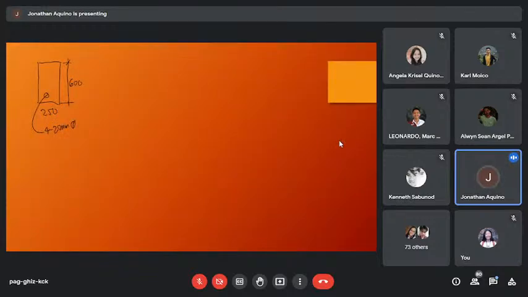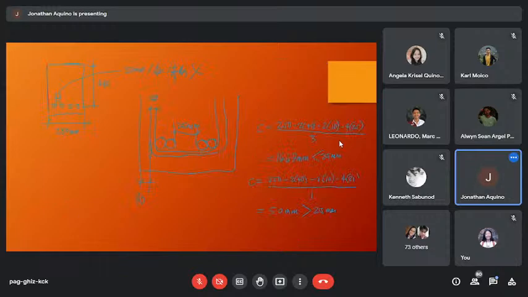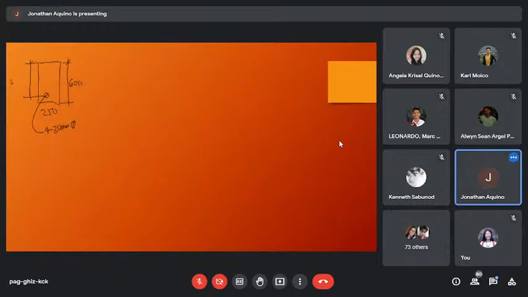So the effective depth, from the previous example, is 552.5.